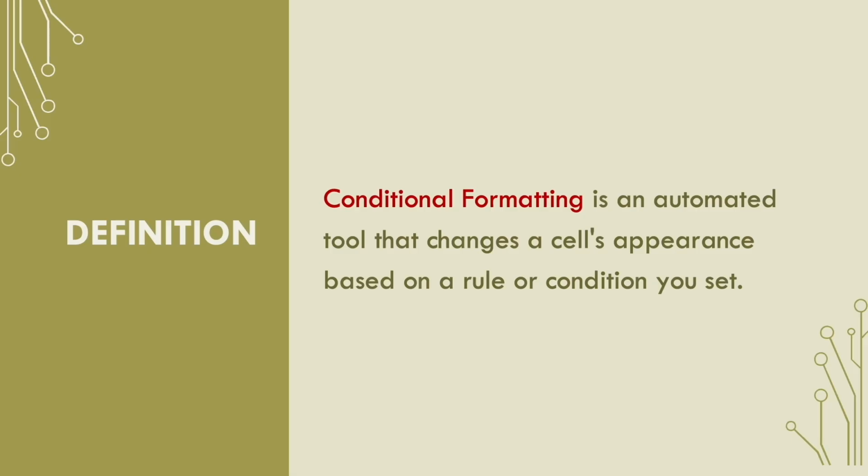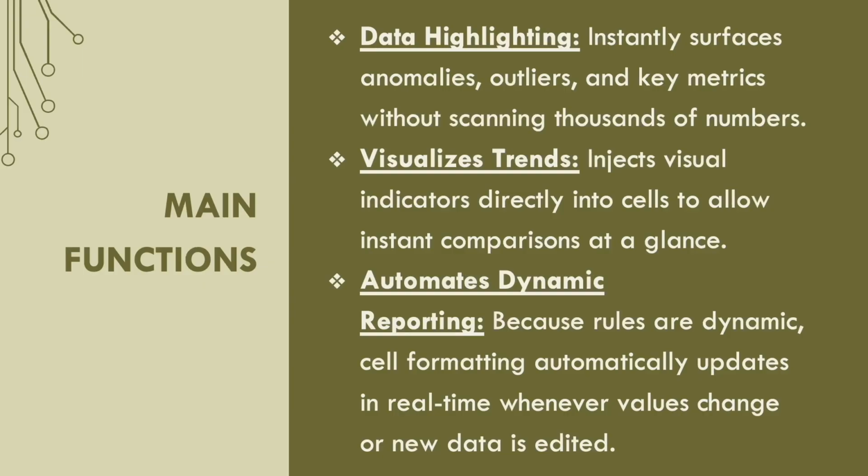For example, we can tell Excel to highlight all grades below 75 in red, or automatically add bars to show which values are higher or lower than others. Now let's discuss the main functions of conditional formatting and why it is useful in data analytics. First, data highlighting.